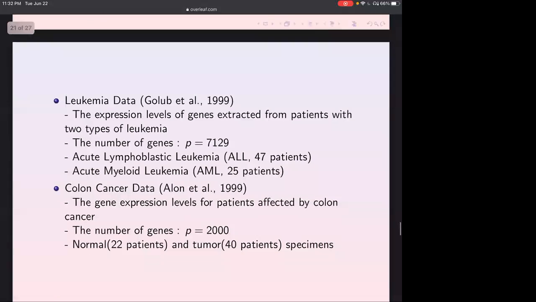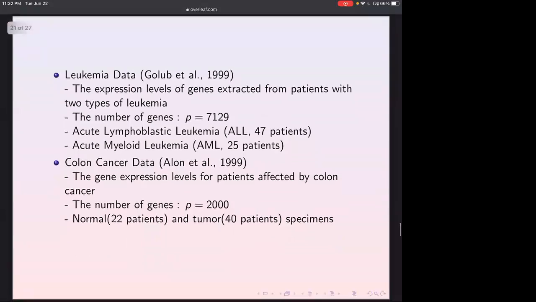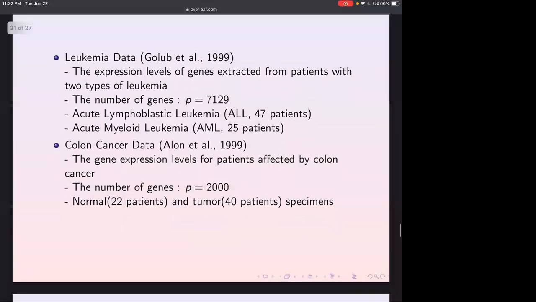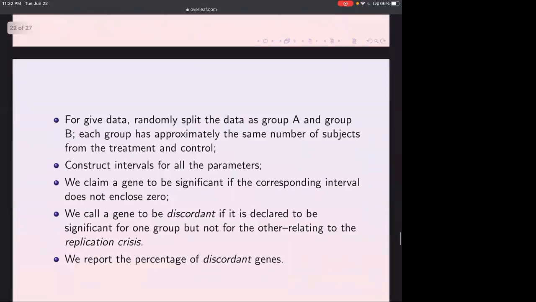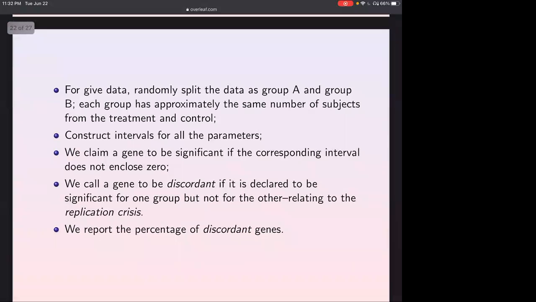Because of the time limit, I'm going to move on to the real data analysis. In the real data analysis, we consider two microarray data sets, leukemia data and colon cancer data. In this study, what we want to study is something called discordance. For any given data, we randomly split the data into group A and group B, each with approximately the same number of subjects.